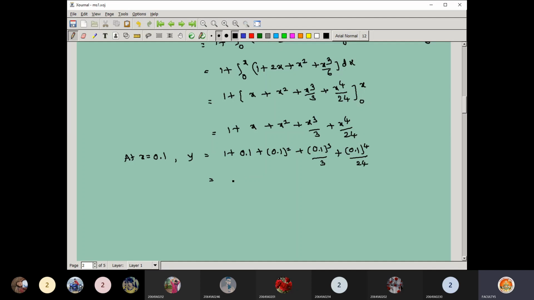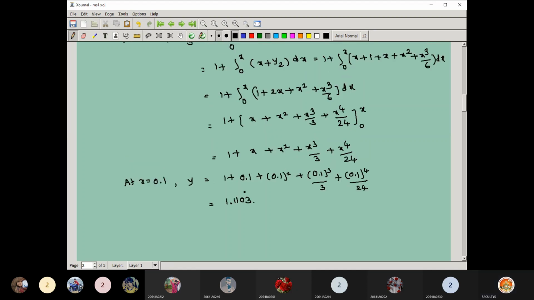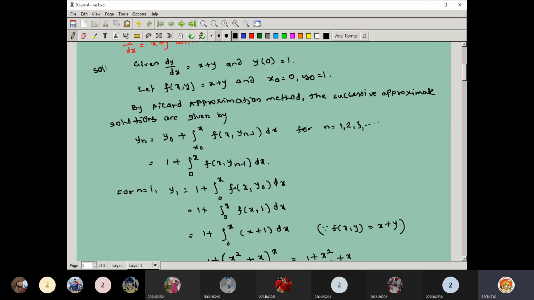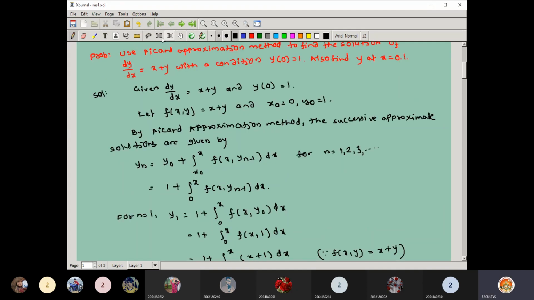Approximately I am getting 1.1103. Is it correct? I am using Picard's approximation method in order to get your answer. Is it okay?